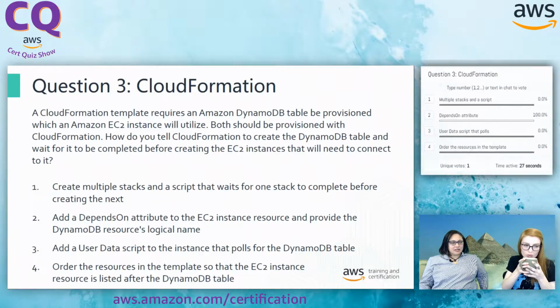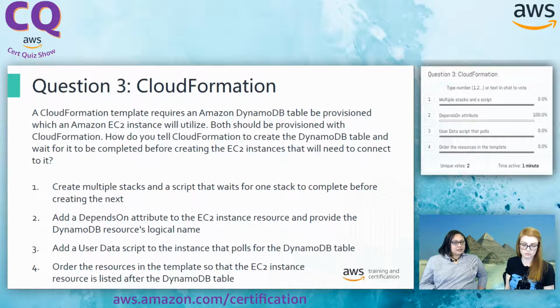CloudFormation, obviously, is a service that lets you automate deployment of different services, and you can create stacks or templates that contain all of your resources. From the question, it seems that we need to have a DynamoDB table first before we start provisioning the EC2 instance.